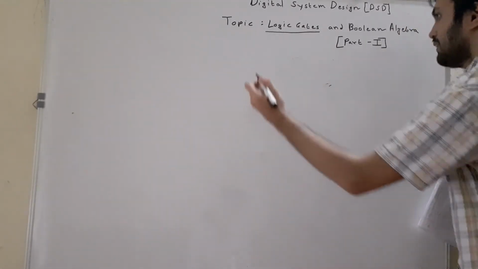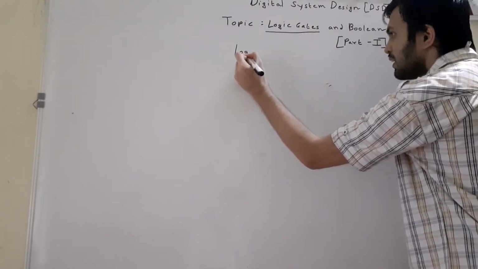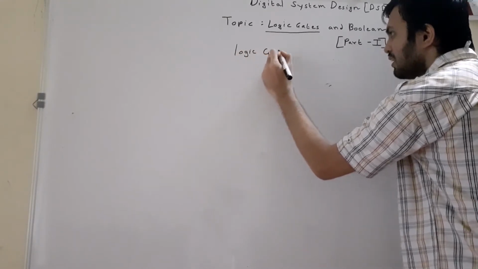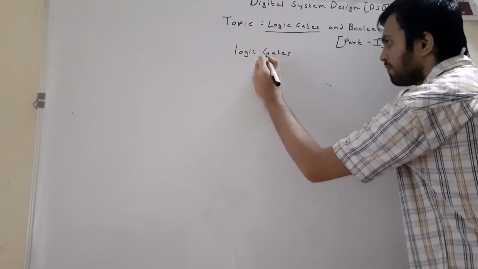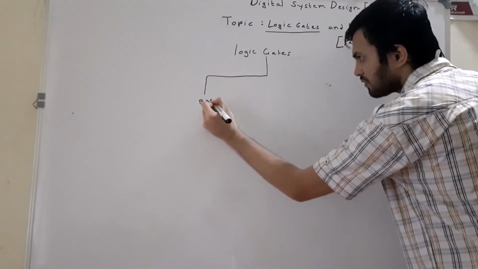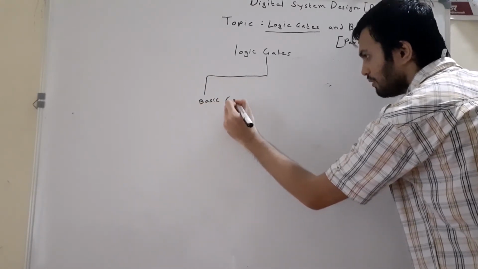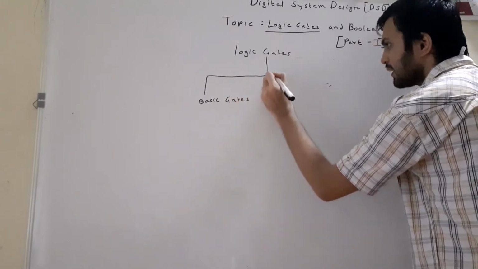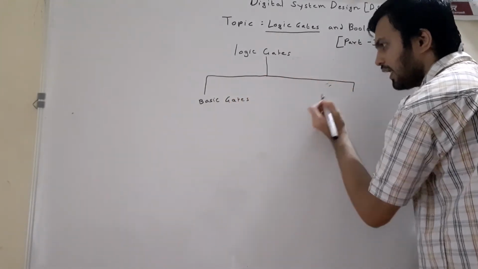So in logic gates, there are 2 types. First type is basic gates and derived gates.